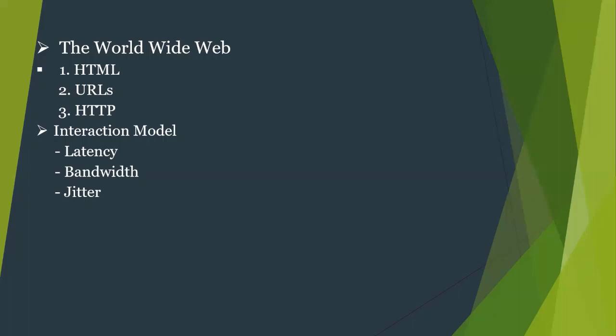The three main components of the World Wide Web are hypertext markup language, that is HTML, uniform resource locators, that is URLs, and hypertext transfer protocol, that is HTTP.